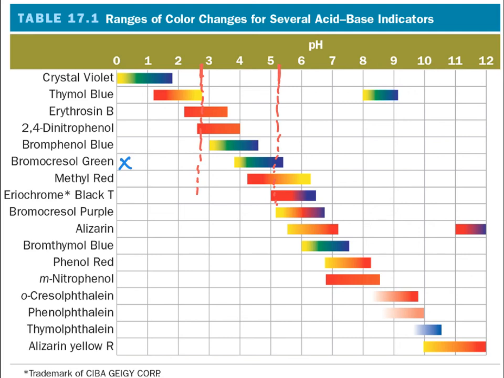Maybe the 2,4-dinitrophenol changes too late. But maybe the bromophenol blue is just right, and so we could pick the bromophenol blue. So that's how we can use either the computer to figure out where our second derivative crosses the origin, or, in this case, a pH indicator to determine when our maximum change in pH is occurring, and that is going to be very close to where the equivalence point occurred.